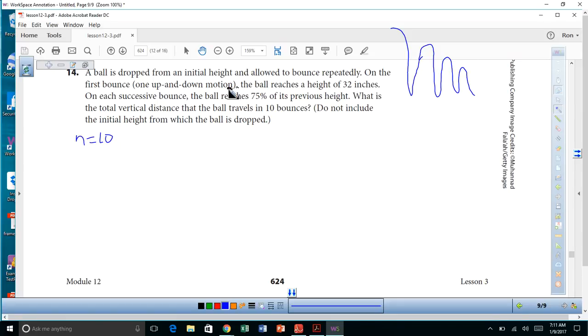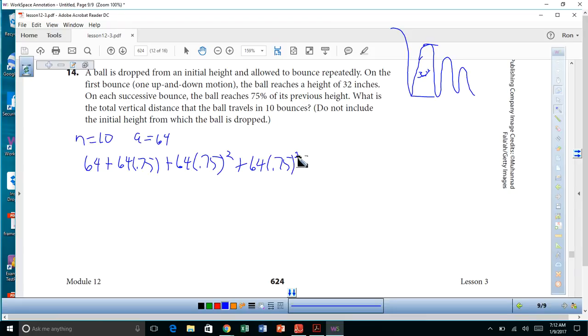How far did it go? The first up. So this right here was 32 inches. So it went up 32 inches and it went down 32 inches. So A equals 64. So it went 64 plus 64 times 0.75 plus 64 times 0.75 squared plus 64 times 0.75 to the third power.